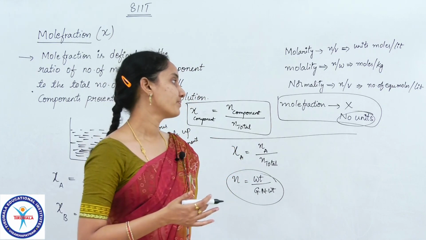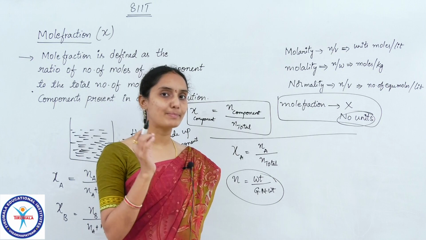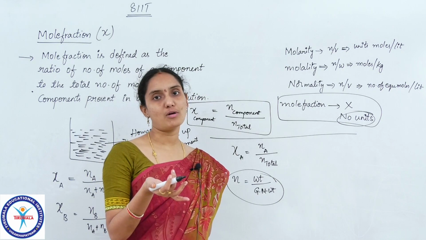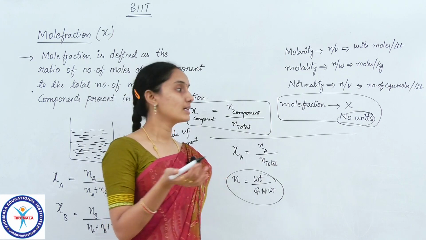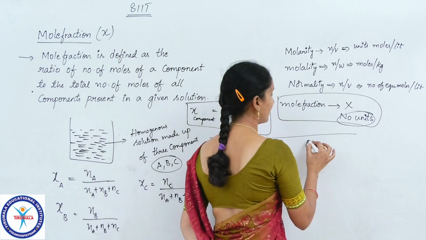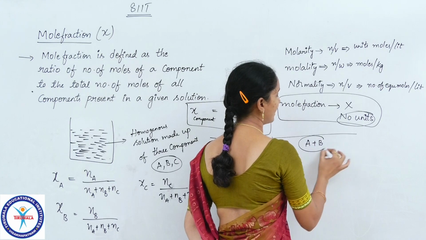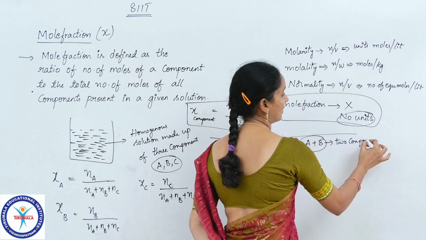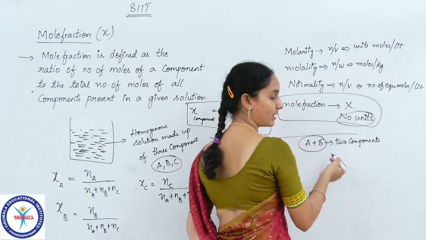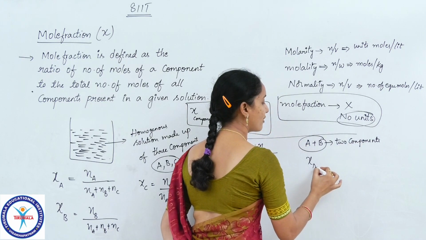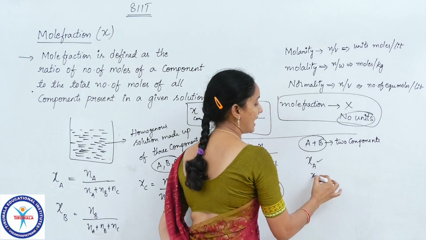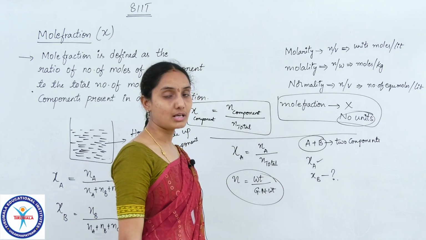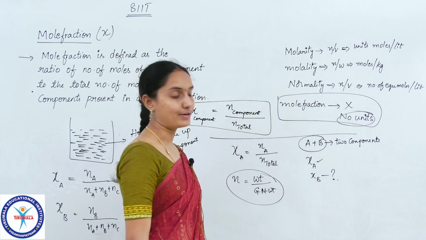So in these two ways, they may ask you the question regarding mole fraction. And besides this, they may ask you the mole fraction of a particular component by giving the mole fraction of other component. Suppose a solution contains two components, A plus B, and mole fraction of A is given to you. They ask you to calculate mole fraction of B. In such a manner also they may ask you a question regarding mole fraction, children.